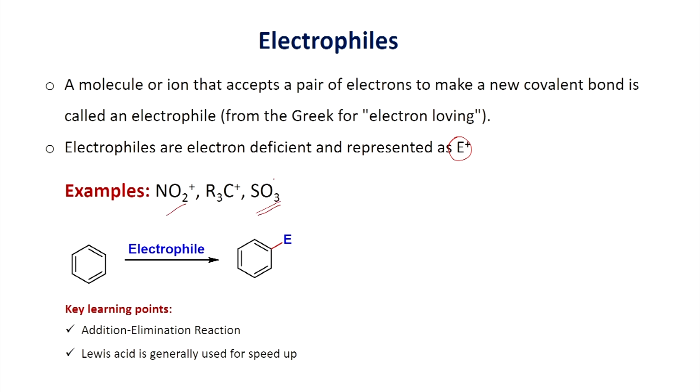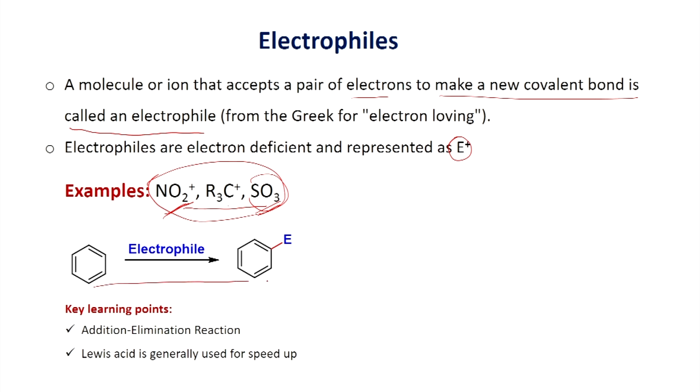A molecule or ion that accepts a pair of electrons to make a new covalent bond is known as an electrophile. Some examples are the nitronium ion, carbocation, and sulfonium ion. They can act as electrophiles, being electron deficient.